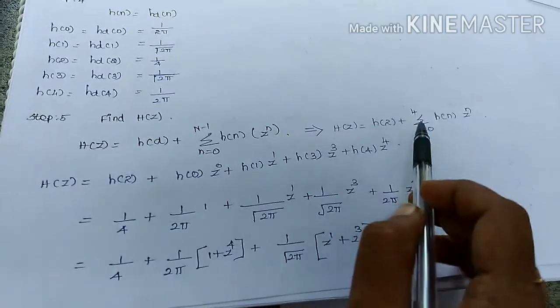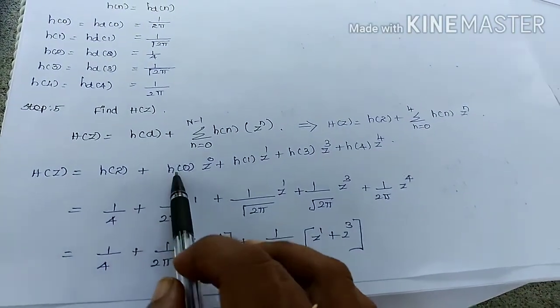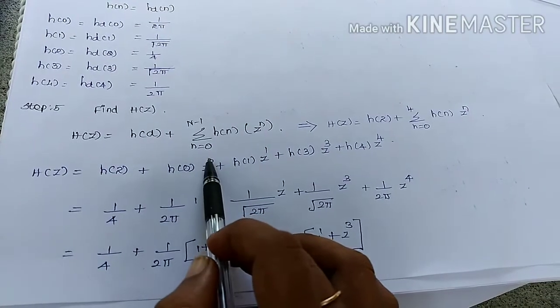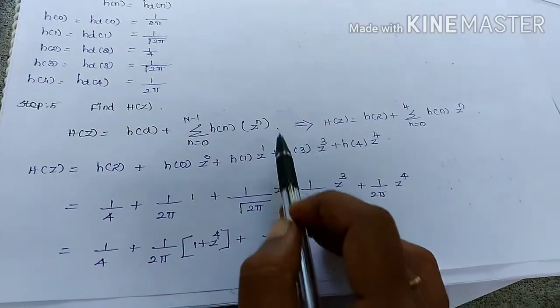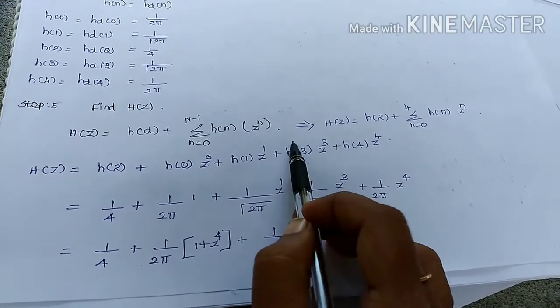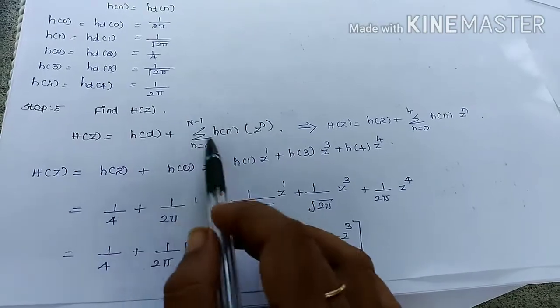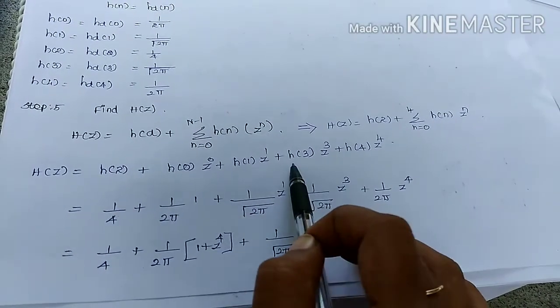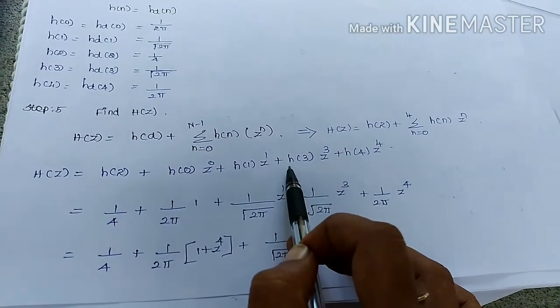Okay. So I expand the summation. I will get h of 2 plus h of 0 into z power 0 plus h of 1 into z power 1. Then h of 2, sorry, here the h of 2 term is common. It is already outside, so the h of 2 term is not needed again inside. Right? That is why we did not consider h of 2 here.